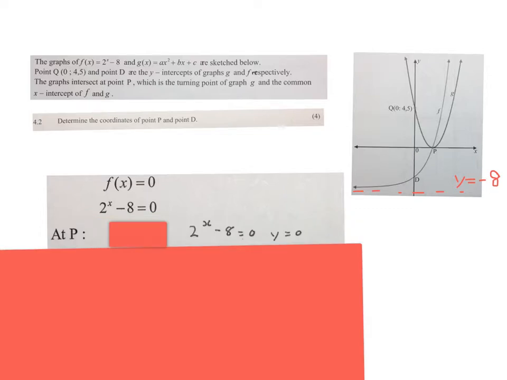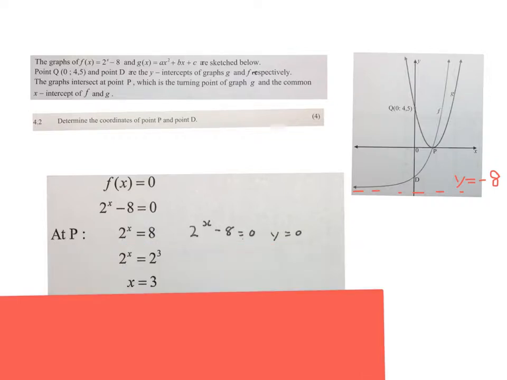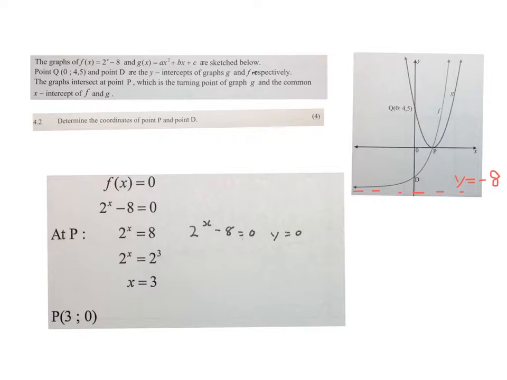A lot of kids don't like this way of writing, so we can just say, I make y 0 and rewrite the equation to find P. Then solve for x. So x equals 3. They asked us to write the coordinates, so the coordinate of P will then be (3; 0). And I advise you to write it on the sketch.